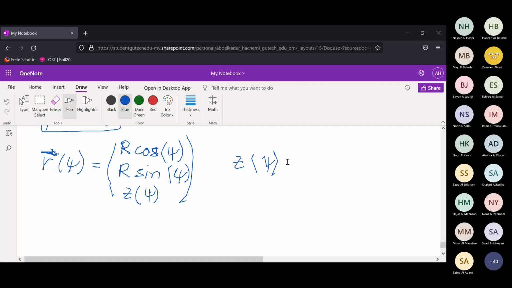We can describe it using the fact that at 2 pi we have the height h. That means we get h divided by 2 pi, multiplied by xi.